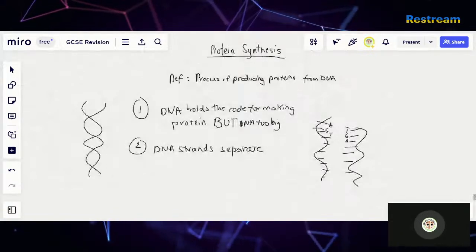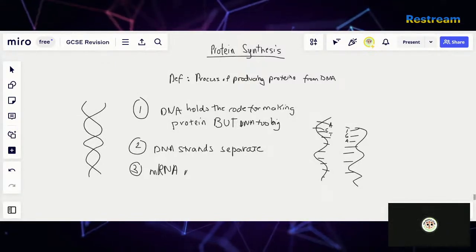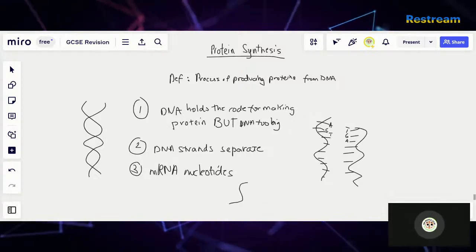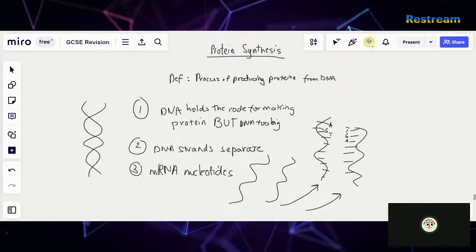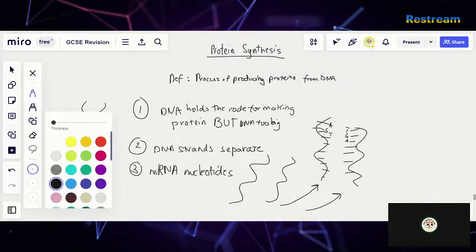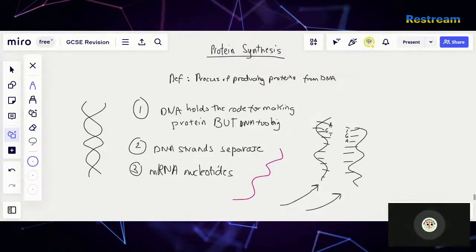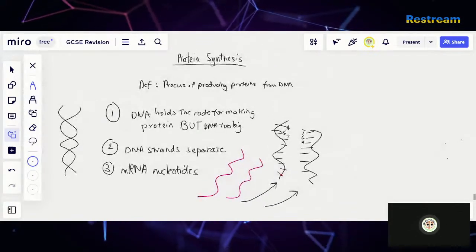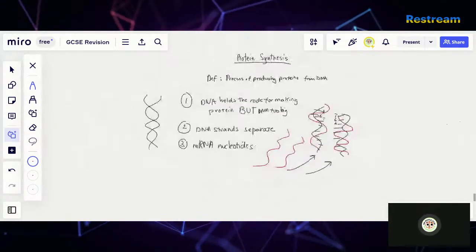Now, you then have something called the mRNA nucleotides, and these are the savior chemicals. So what they do is they look like these strands as well. So the mRNA nucleotides then go up to each DNA strand. Let's represent them by a different color so you don't get too confused. So imagine the mRNA is this color, pink. Now the mRNA molecules go up to the DNA strands that have now separated and form complementary base pairs to them.